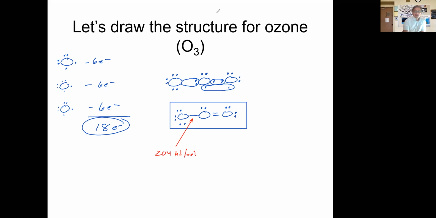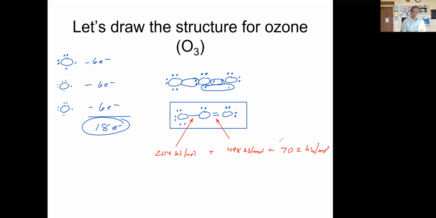And then we have this bond here, which is an oxygen double bond, which has a bond energy of 498 kilojoules per mole. So we add those two up, 204 plus 498. We should expect a total bond energy of 702 kilojoules per mole.